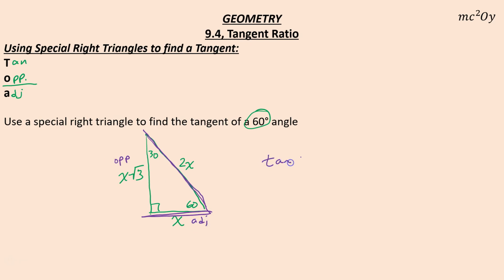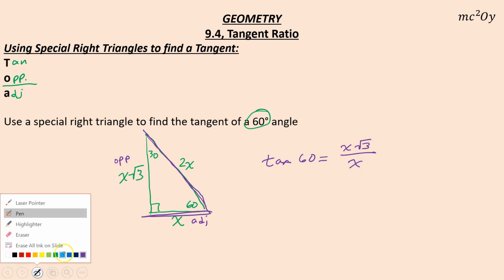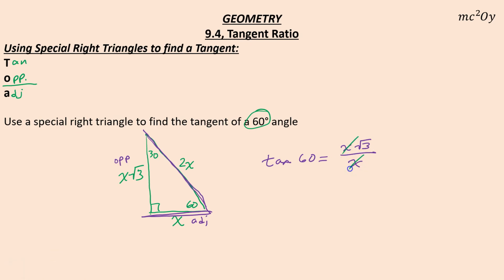So the tangent of a 60-degree angle is equal to the opposite, or x root 3, over the adjacent, or x. And notice I have x times root 3, and I have divided by x. What happens? Well, the x's cancel. So the tangent of a 60-degree angle is equal to root 3.